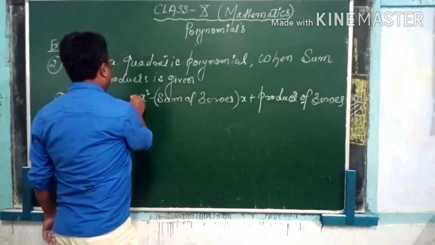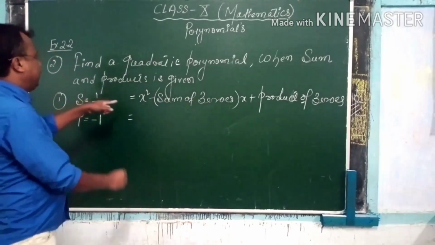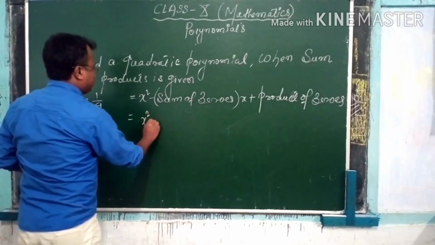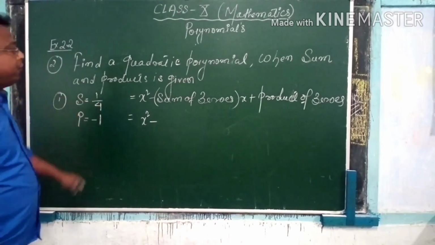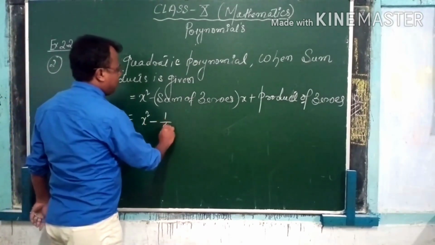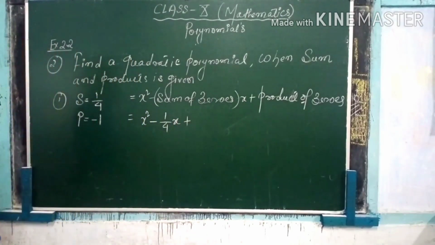Alright. So now put the values here. So x squared minus sum of the zeros. What is the sum of the zeros here? Sum is given, 1 by 4. So minus 1 by 4 x plus, what is the product of the zeros? It is minus 1.